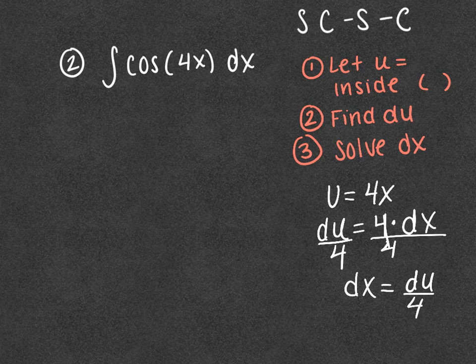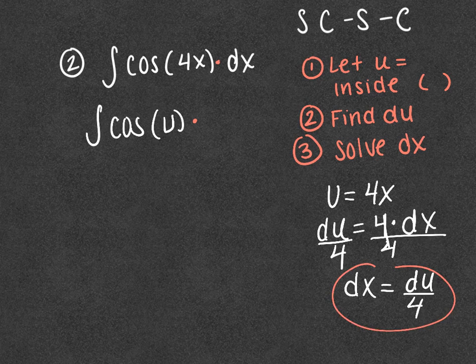So now that we have all that information, we can go ahead back to our original problem and substitute back in. So we want to find the integral of cosine of now u, and then plug in what dx is equal to. So we're going to times it by this. This is what dx is. So du over 4.